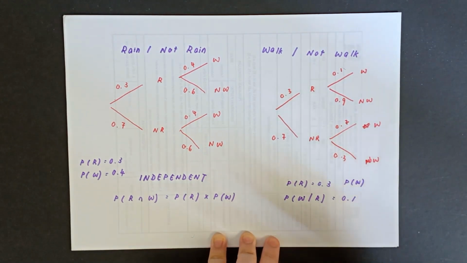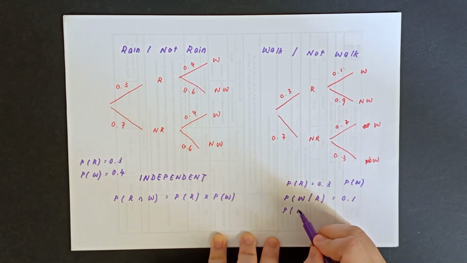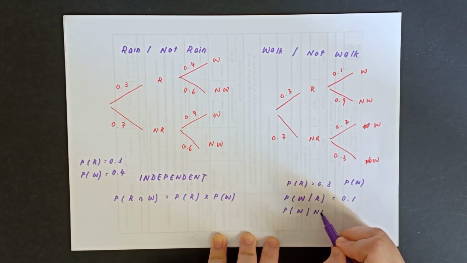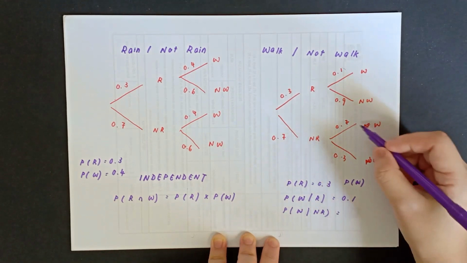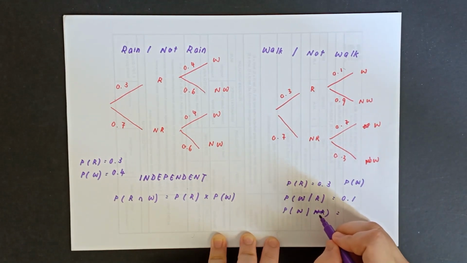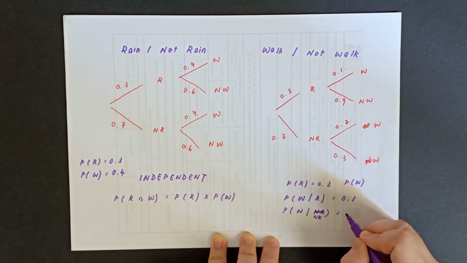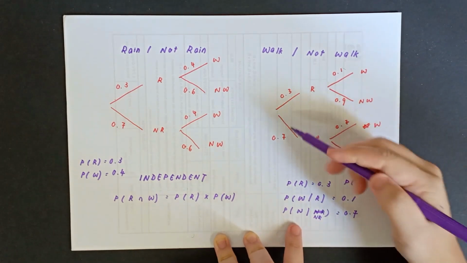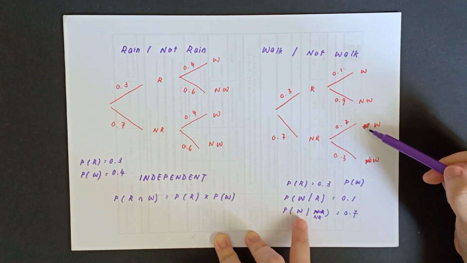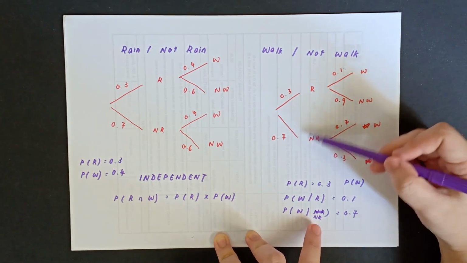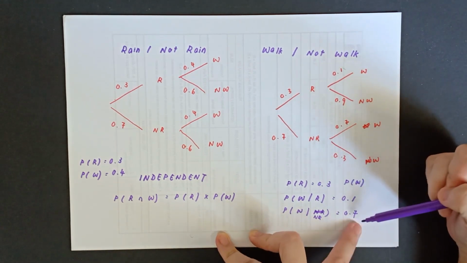What is 0.7 here? It's the probability for me to walk to school if it's not raining. Given that it's not raining, the probability for me to walk to school is 0.7.